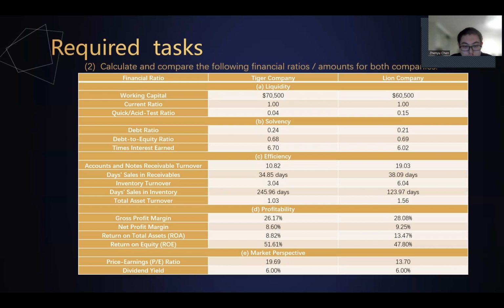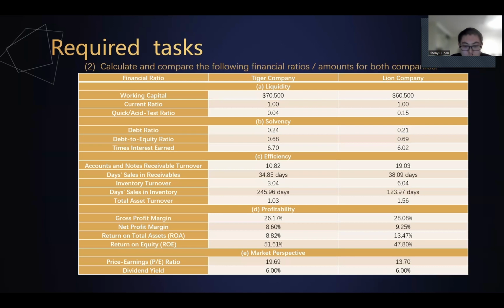A lower PE ratio usually means that the stock is undervalued, while a higher PE ratio means that a stock is overvalued.